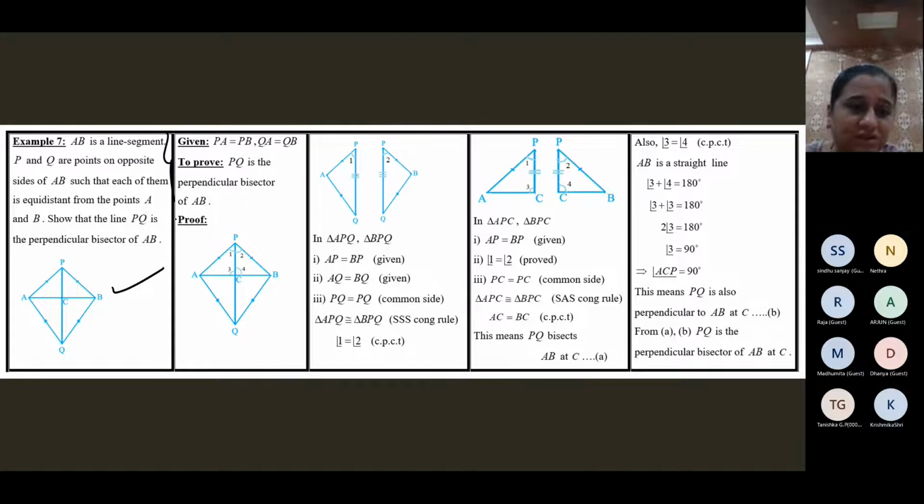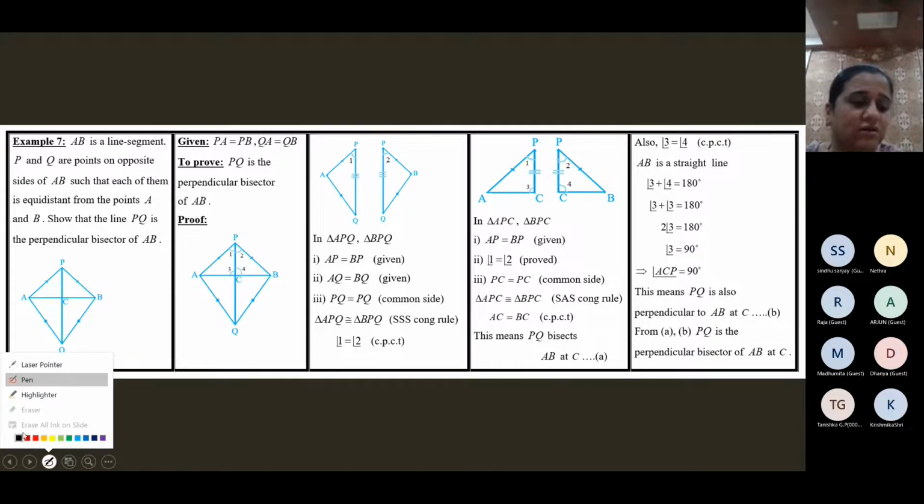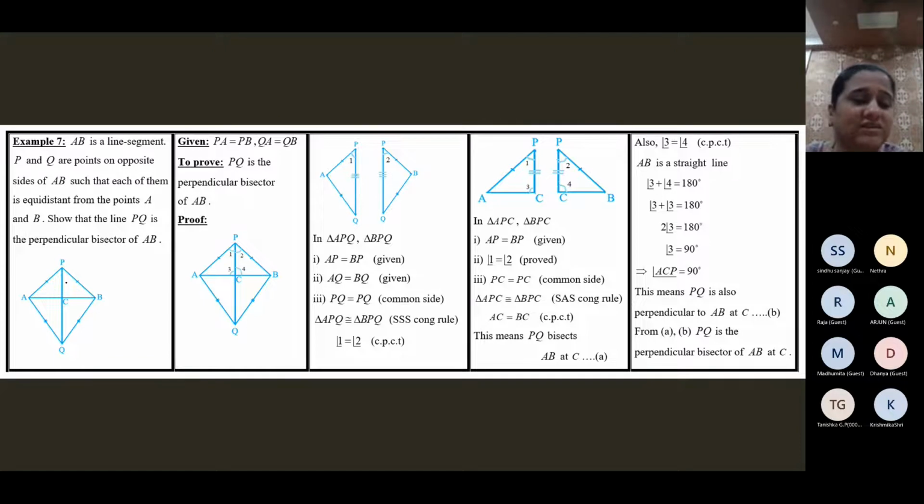The description given here is different, but when you finally make the figure with the help of the given information, what do you understand? Okay, so APB and AQB are two isosceles triangles with a common base AB. So if AB is a common base, that means this side is equal to this side and this side is equal to this side.